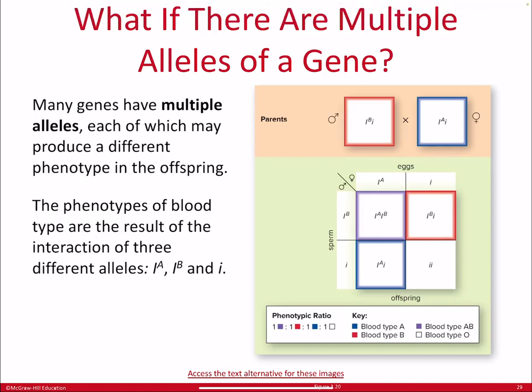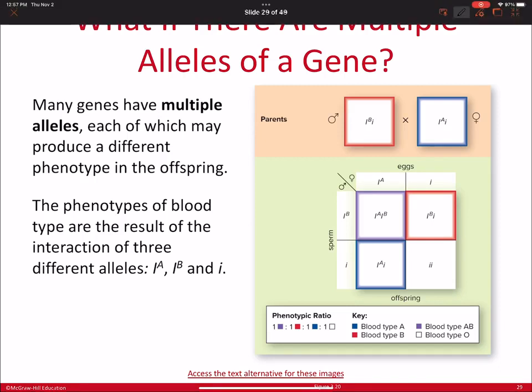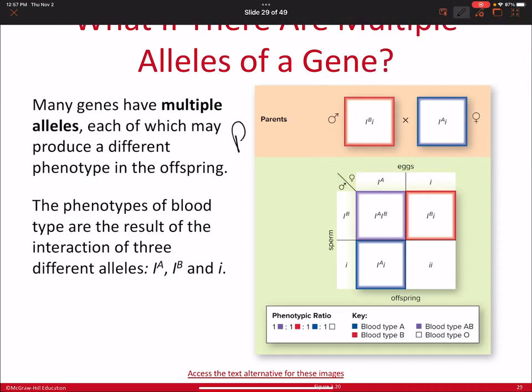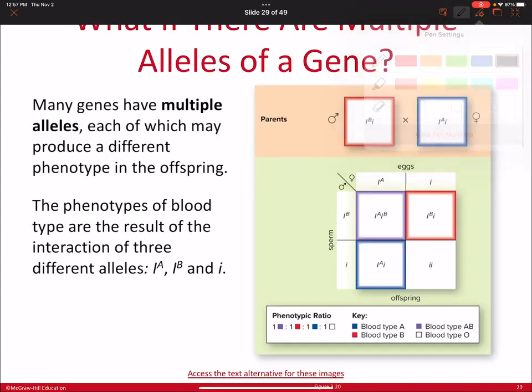So what if there are multiple alleles for a gene? When we talked about Mendel's pea plants, we were talking about big P or little p, red, white. But what about blood types? In blood types, you can have A, B, or O. And so now that's multiple alleles.